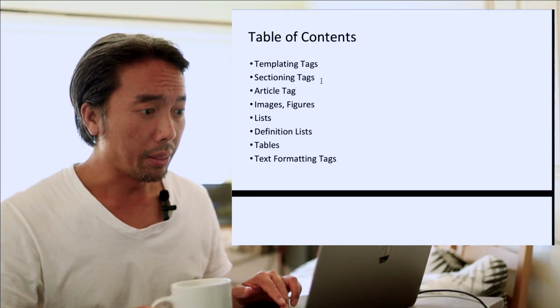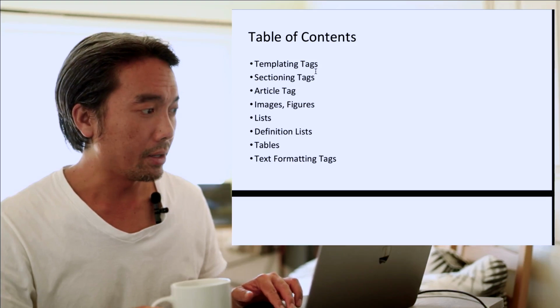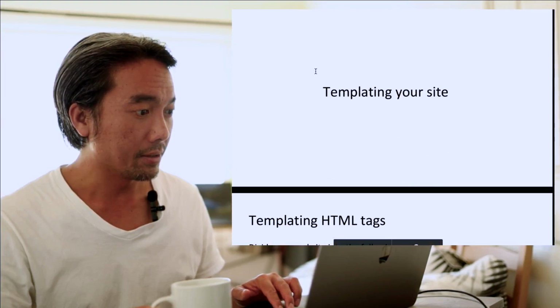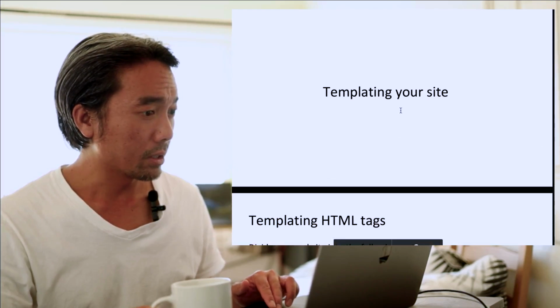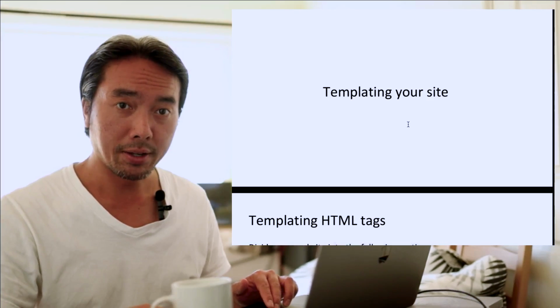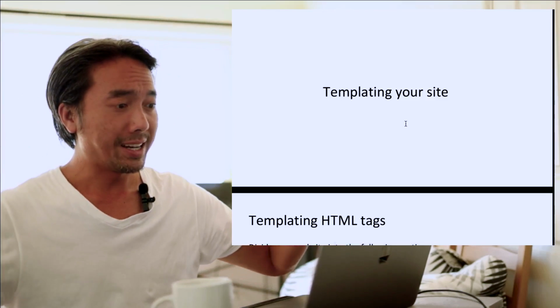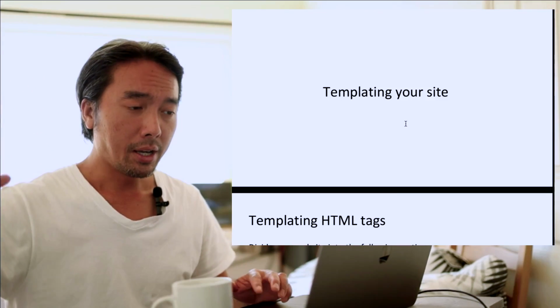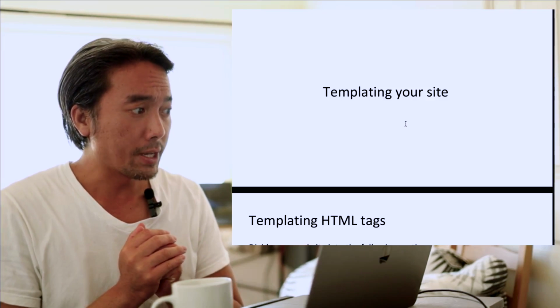Okay, so again, this is more of a reference than a presentation, on the various tags you have at hand and when you would use a particular tag. The first kind of tags we're going to look at is for templating your website. Let's say you have a web page and you want to build a template. For most websites, your template is pretty much the same.